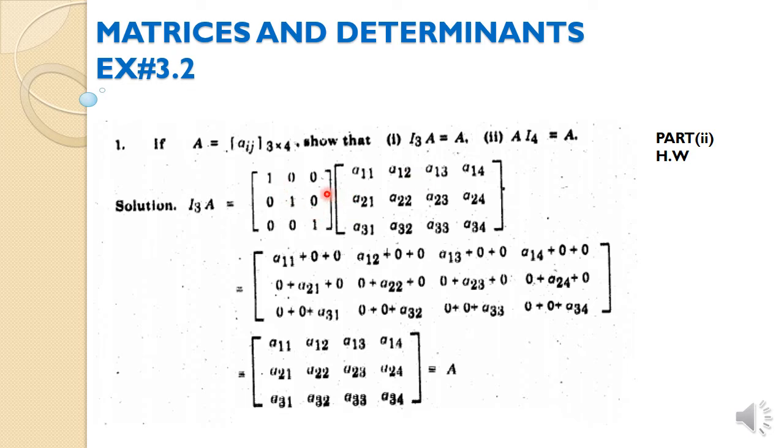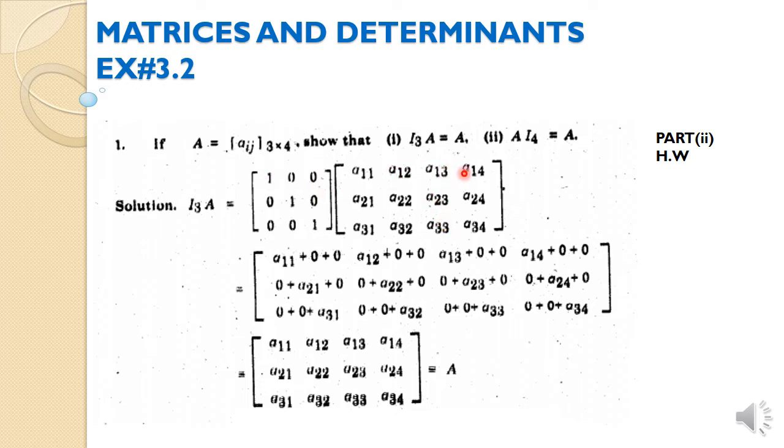Now we have to multiply these two matrices. So what is the rule? First row with the first column, then first row with the second column, then first row with the third column, and then first row with the fourth column. So students, 1 into A11 is A11 as it is, then 0 into A21 is 0, then 0 into A31 is 0. Now the first row with the second column: 1 into A12, then 0 into A22 is 0, then similarly 0 into A32 is 0.